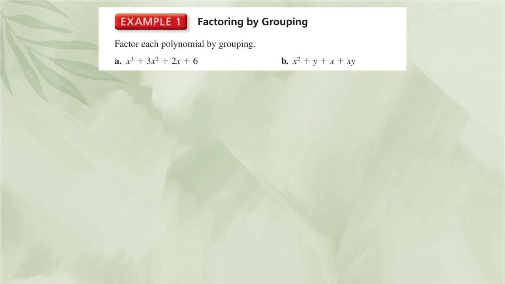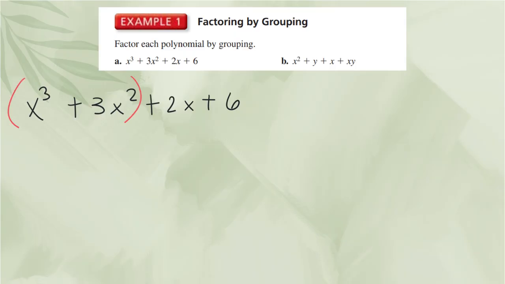So if you can see, it's factoring by grouping. We have, in A, x cubed plus 3x squared plus 2x plus 6. We have 4 terms, so we can group this into 2 binomials: x cubed plus 3x squared, and 2x plus 6.